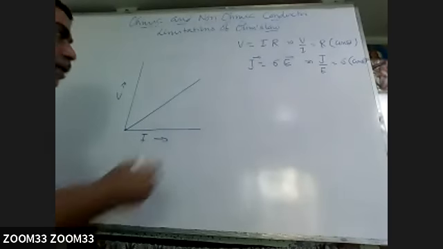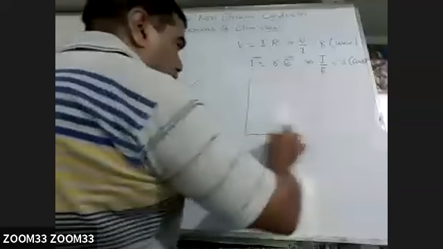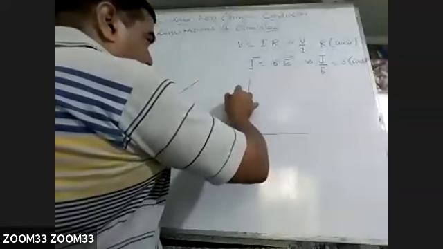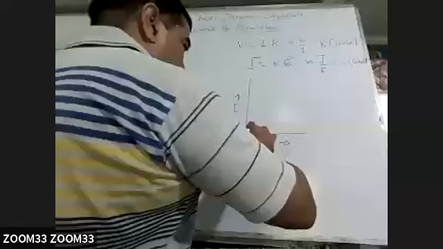I versus V graph will also be a straight line.